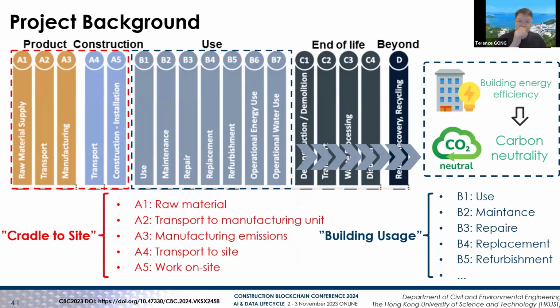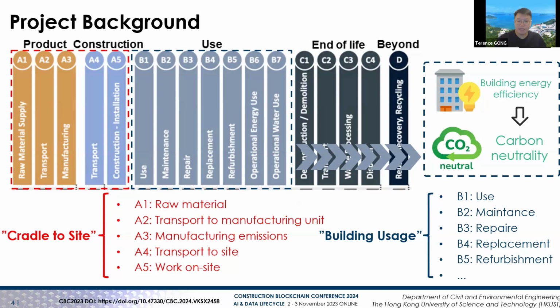Based on that, we want to discuss what kind of carbon emissions we should manage or pay attention to, so we use LCA as a background. Our project will discuss two stages of the LCA about carbon emissions. The first is the A stage, which is the cradle to site.